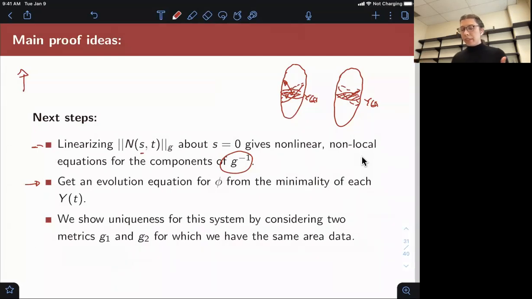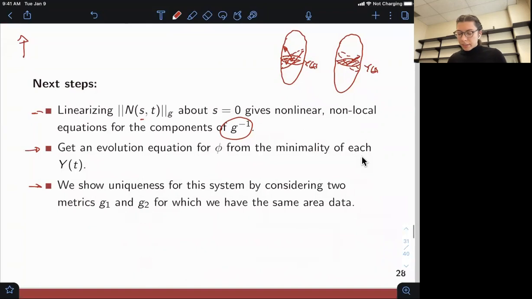Okay, so now I have this big system of intimidating looking equations for the three other components of the metric that I'm trying to find. How do I find these components? So what we're going to do next is show uniqueness for this system by considering two different metrics now on my manifold, for which I have the same area data. That is, if I'm looking at my manifold, metric 1, and here's a curve on the boundary, say gamma, and I know the area of this surface.